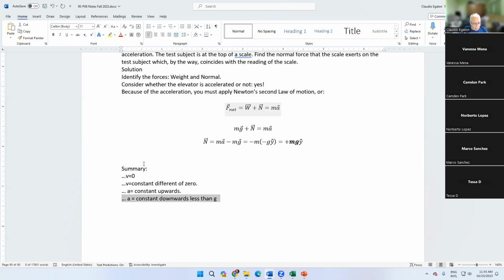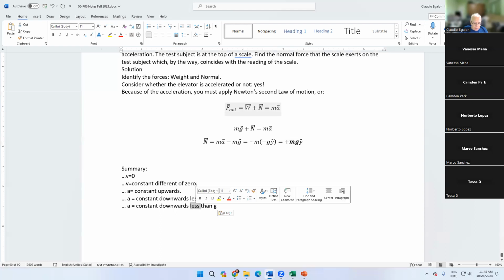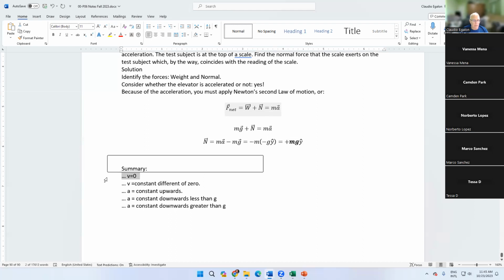Five different types. Downwards greater than g, like that. Okay, we did this one. We did this one. We're doing this one here.